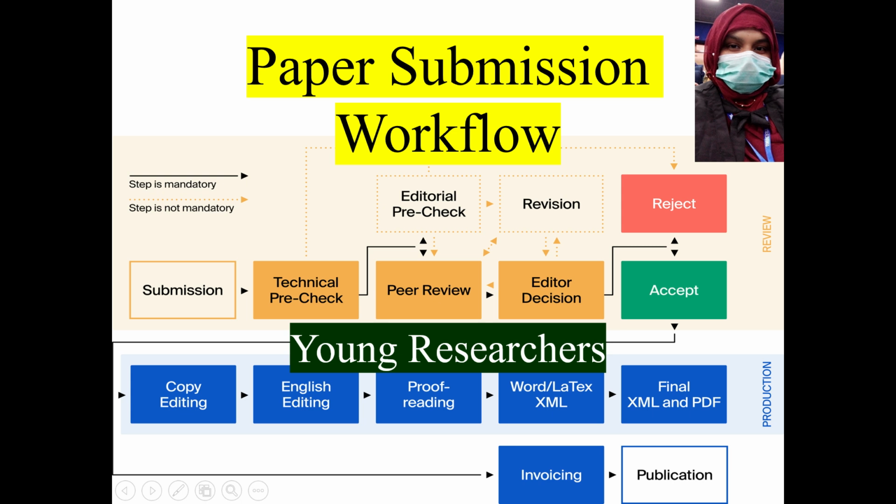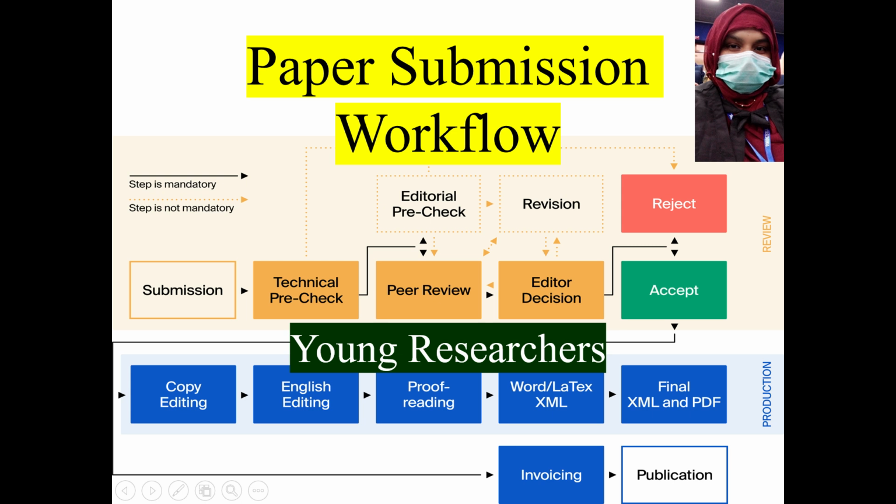If reviewers suggest rejection, then it gets rejected. But sometimes the peer reviewers suggest minor or major revision, and they provide suggestions. It will again go to the editor, who will decide either to accept it or send it for the peer review process.